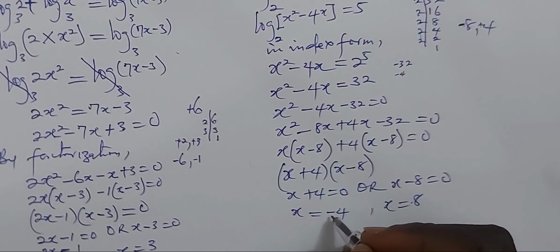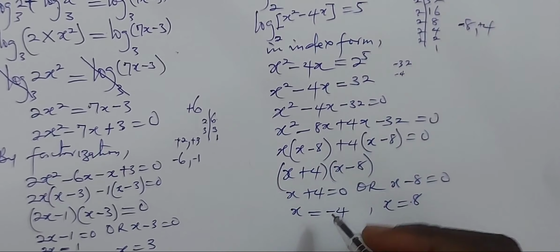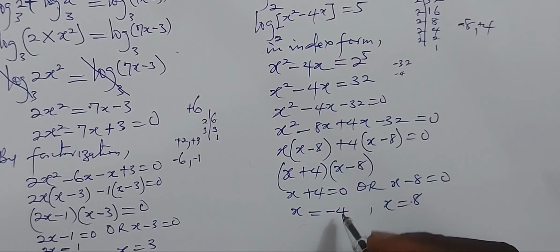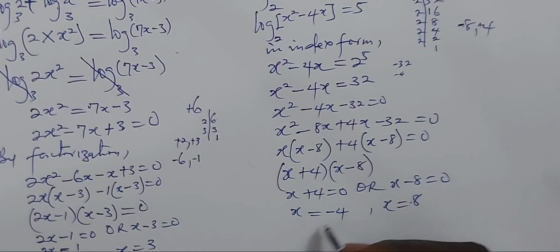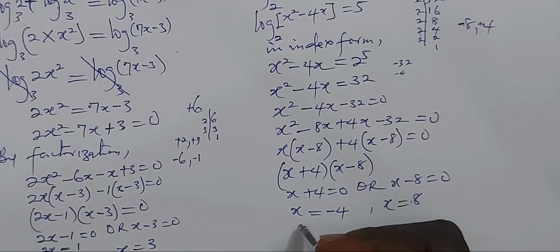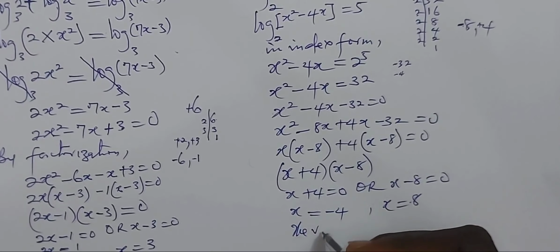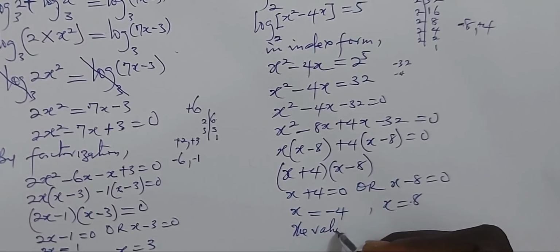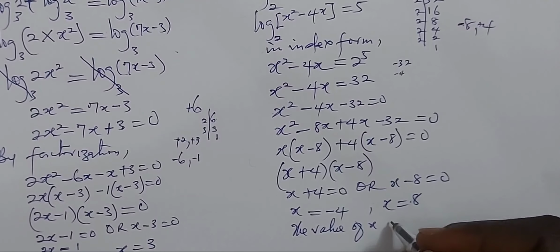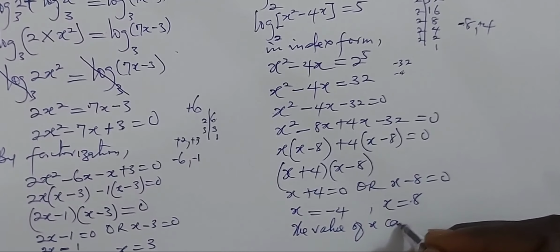But the value of a logarithm cannot be negative. If you insert this one to check, you are going to get a negative logarithm. So the value of x cannot be negative here.